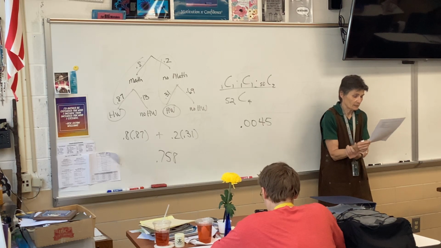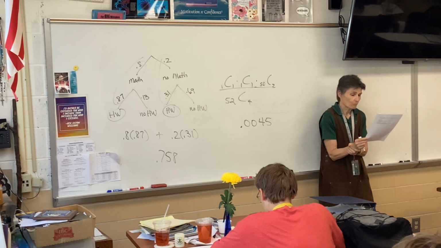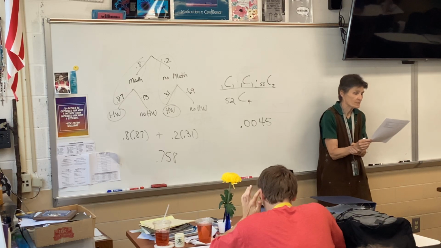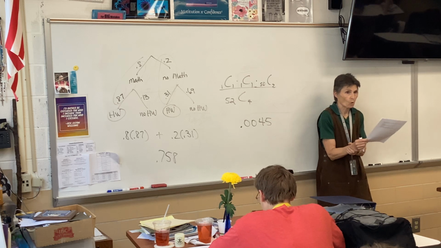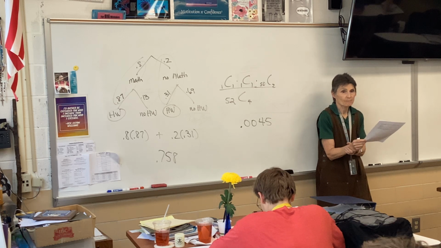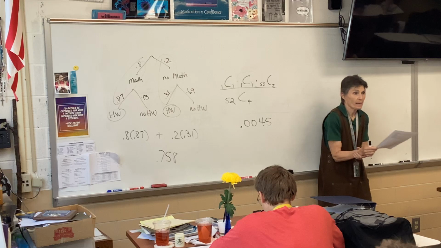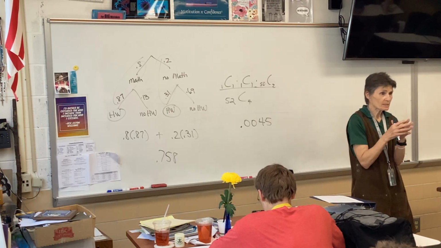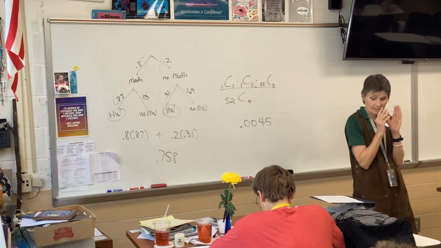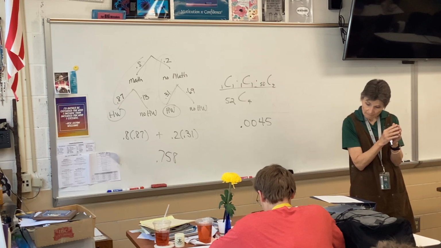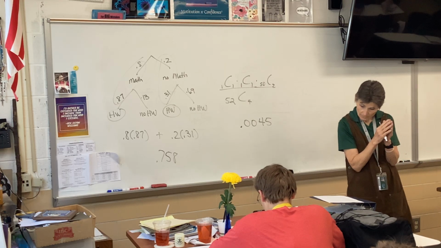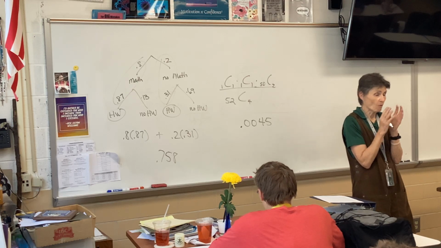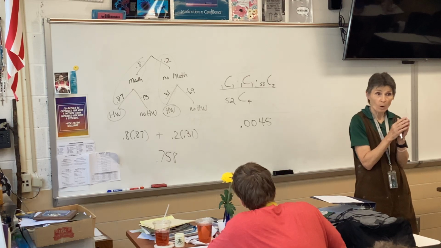Find the probability of rolling exactly 2 4s in 6 rolls of a die. Okay, now, I'm gonna do this experiment 6 times. Yeah, 6 times. And I wanna get 4 exactly twice.